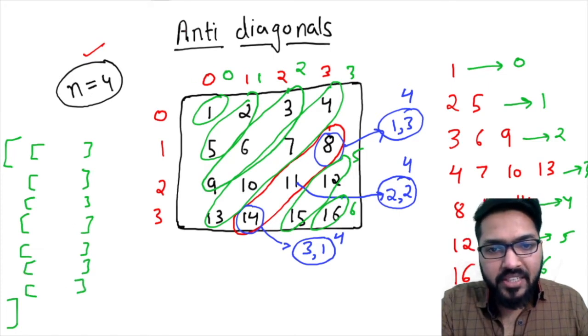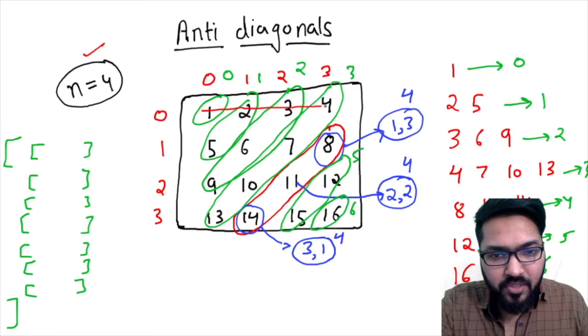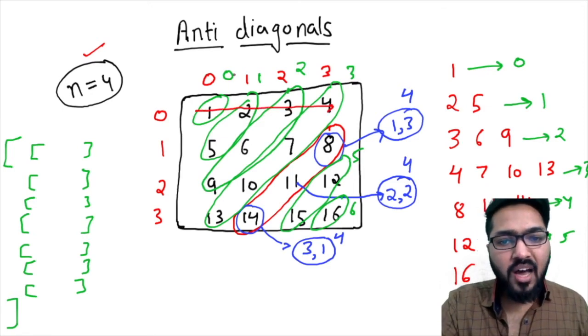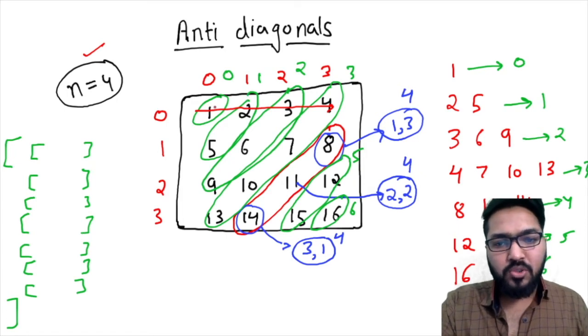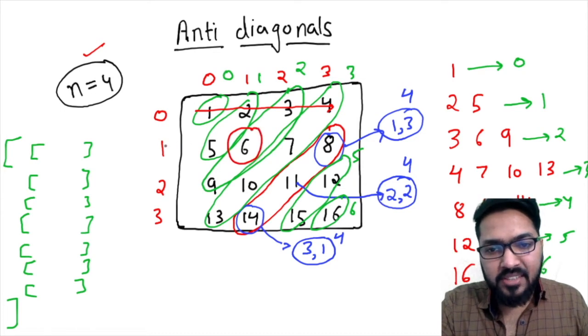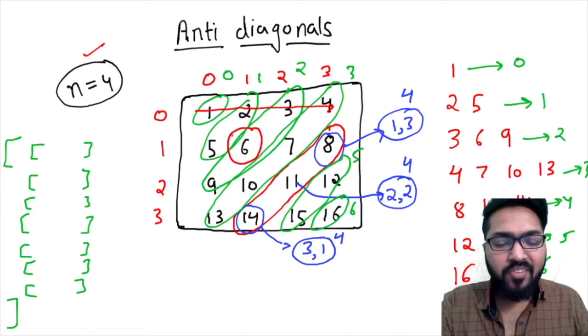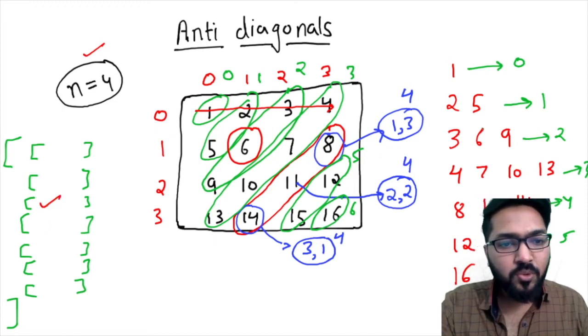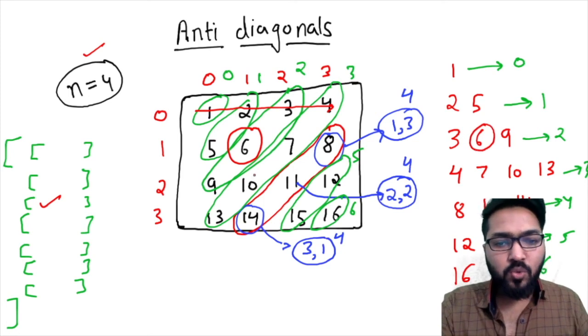Now I'm going to iterate over this 2D array, and at each point, I'll just find the sum of the ith and the jth value, that is the sum of the row and column. So let's say if I'm on this number 6, I can see that it is 1 plus 1, 2. So the value of row plus column is 2, so it should be placed over here, as we already know.